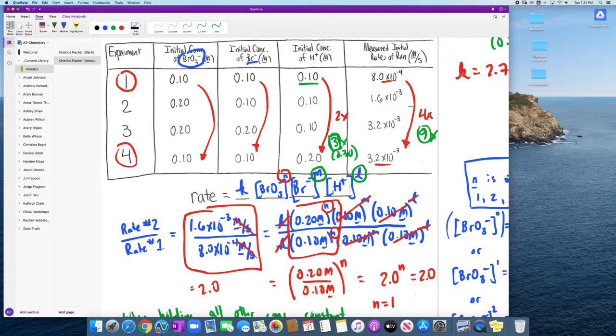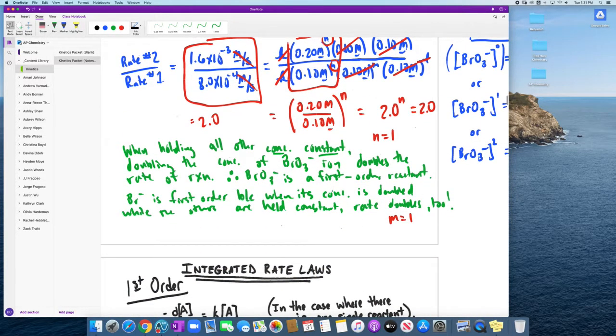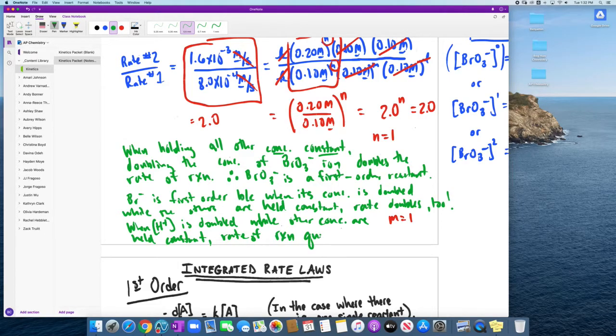So, when H plus, and that's probably faster to write than talking about concentration, when the concentration of H plus is doubled while other concentrations are held constant, the rate of reaction quadruples.